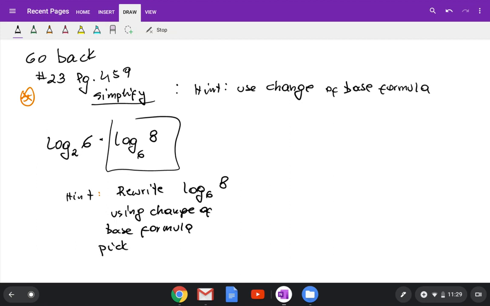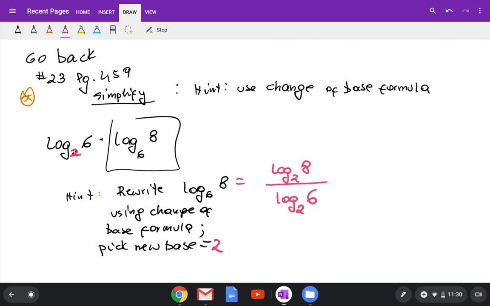Pick new base equal what? Equal 2, because the previous log has a base 2. Okay, so log base 6 of 8 is the same as logarithm base 2 of 8 over logarithm base 2 of the old base.